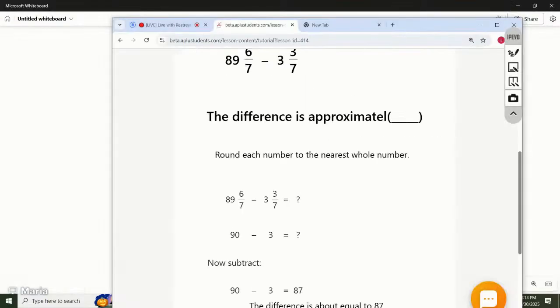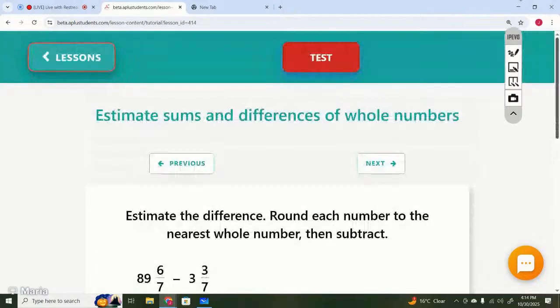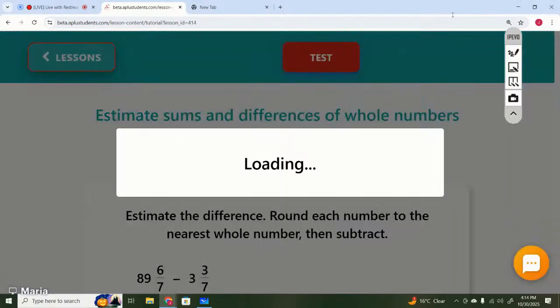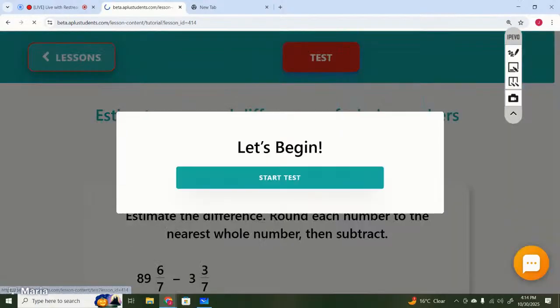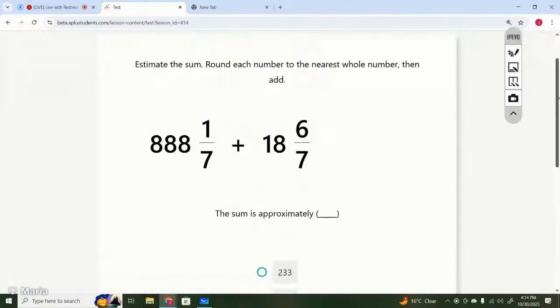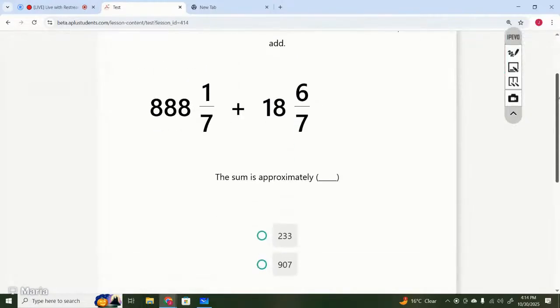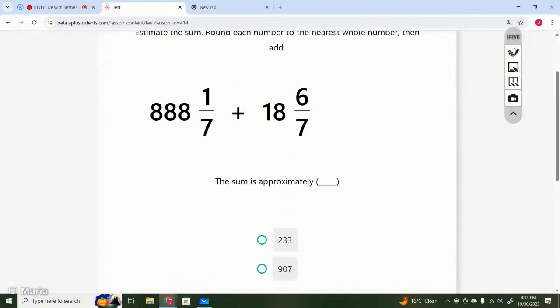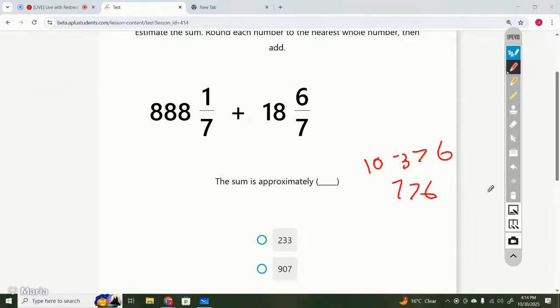Let's just start with the test questions. 888 whole 1 by 7 plus 18 whole 6 by 7. So look at the fractional part, 1 over 7.